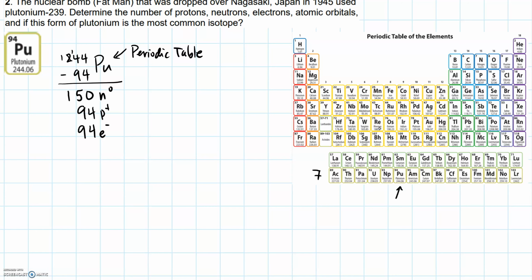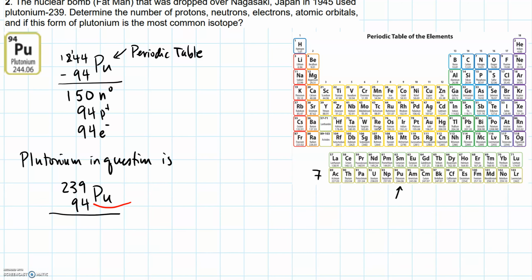The question says that the plutonium in question is 239,94 Pu.